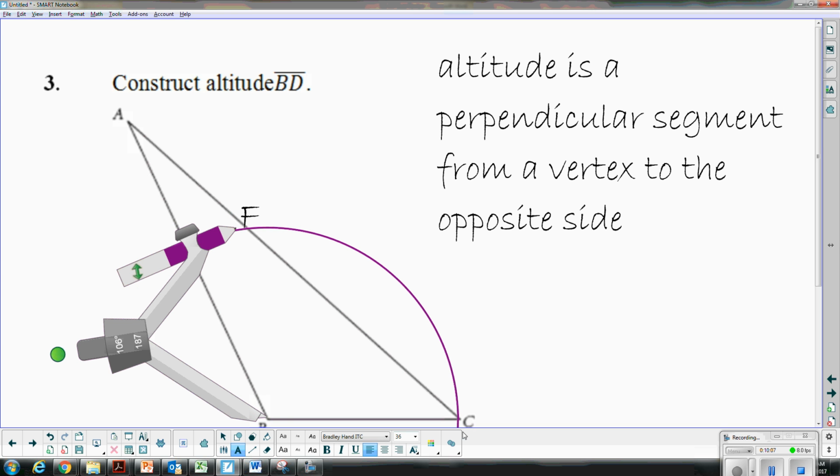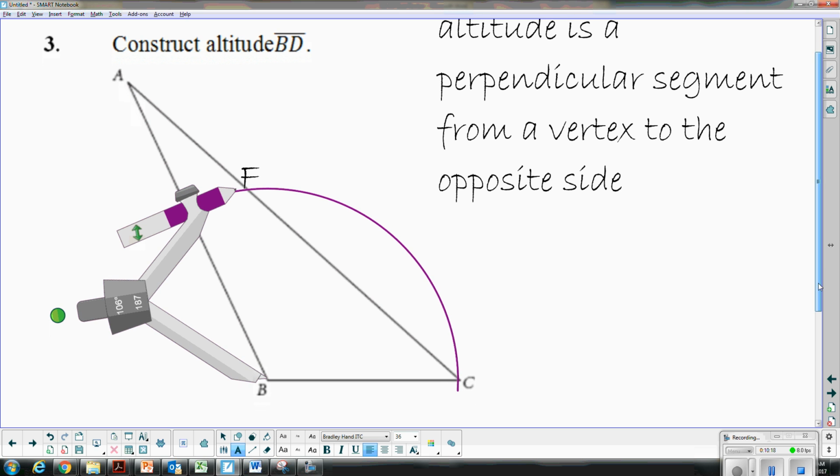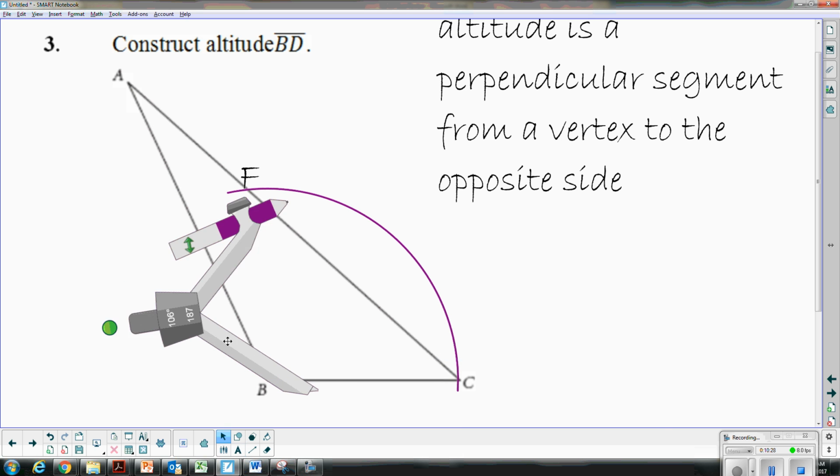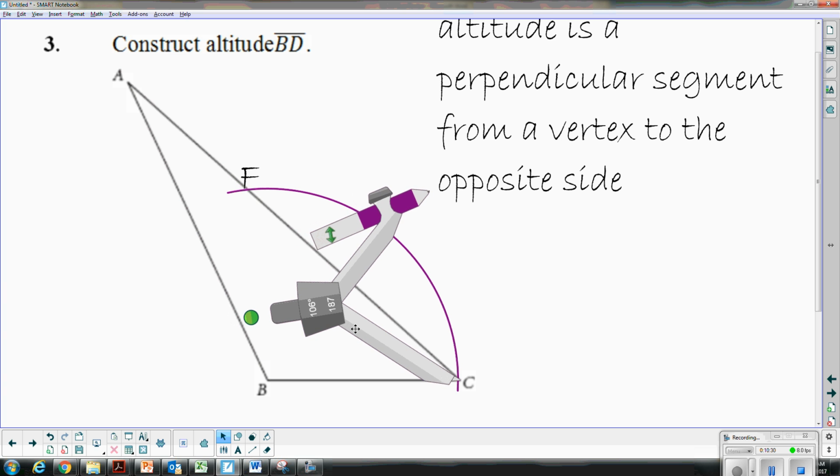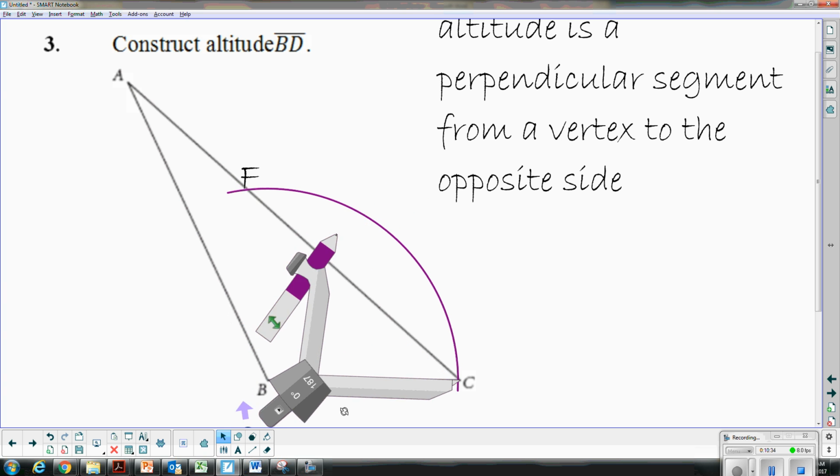Okay, so now we have a segment, CF, and we want to create a perpendicular bisector. We already have one point on that perpendicular bisector, that's B. And we know it's on the perpendicular bisector because it's equidistant from the endpoints. So now we need another point. So to do that, we're working with the endpoints, so we can change our compass settings.